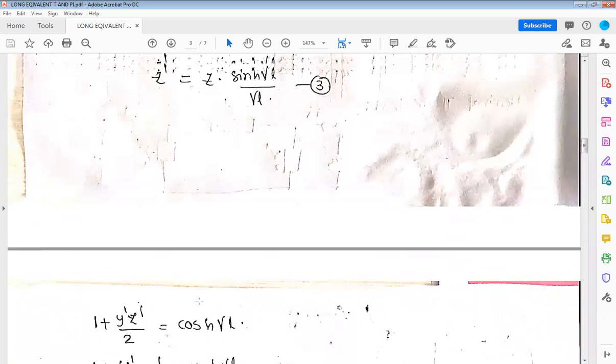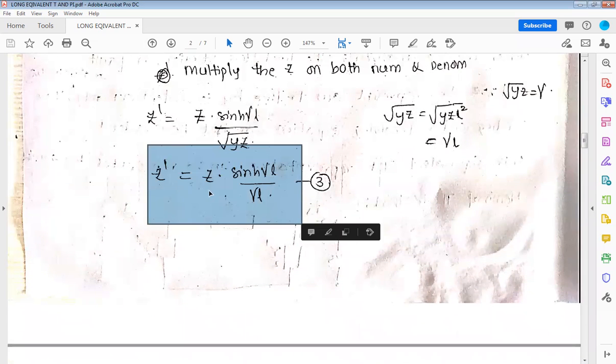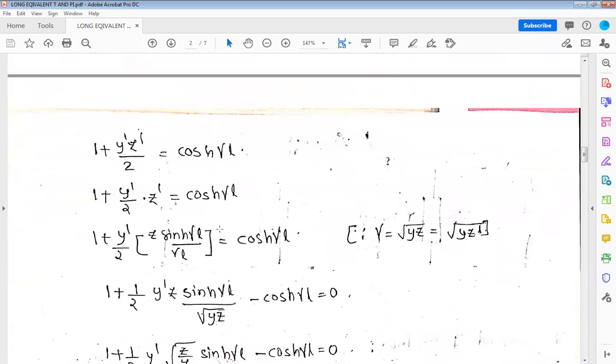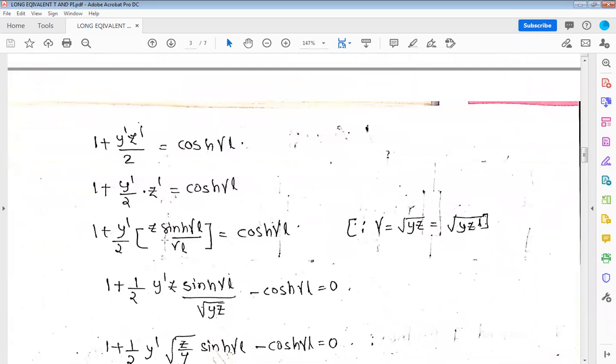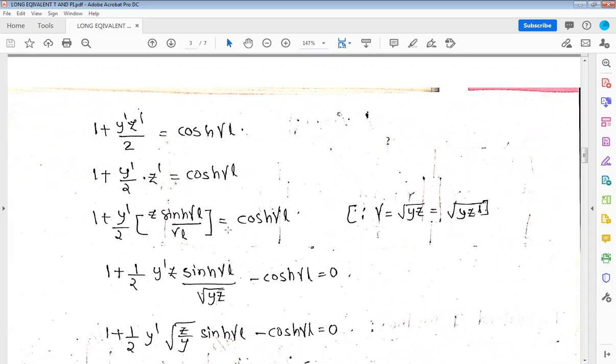As we have obtained the Z dash value as Z into sinh gamma l by gamma l, that will be substituted here. By substituting that Z dash value, we get 1 plus Y dash by 2 into Z sinh gamma l by gamma l is equal to cosh of gamma l. And we know that the propagation constant gamma is equal to under root of YZ into l.